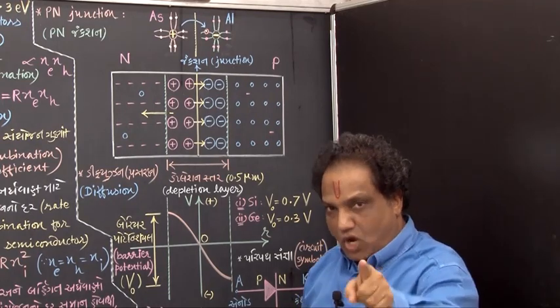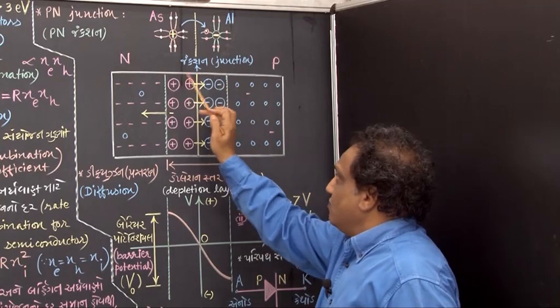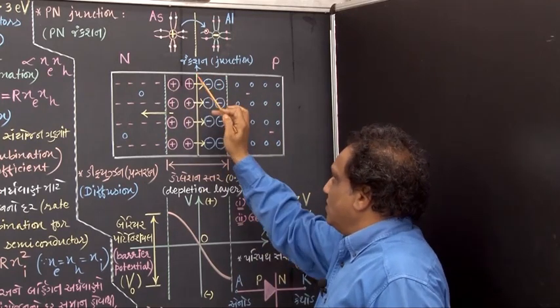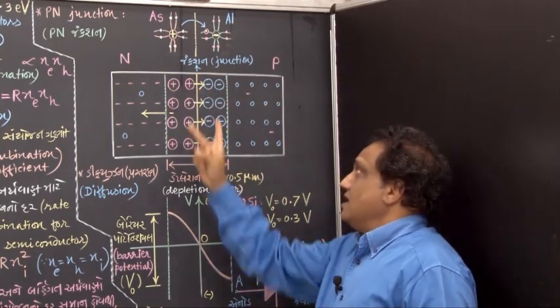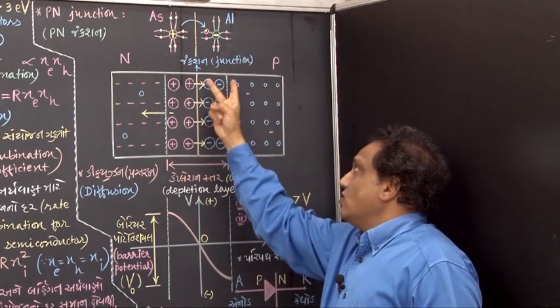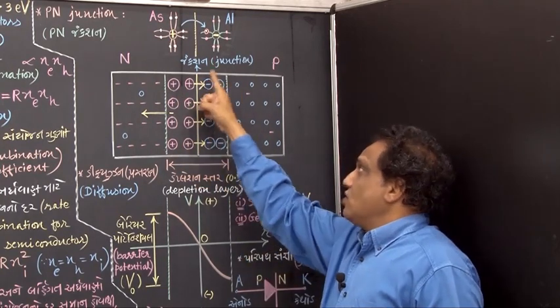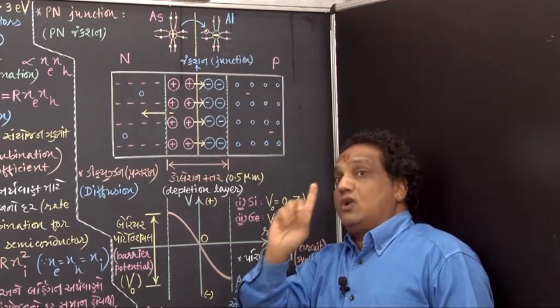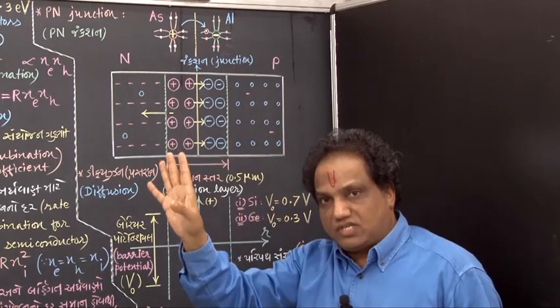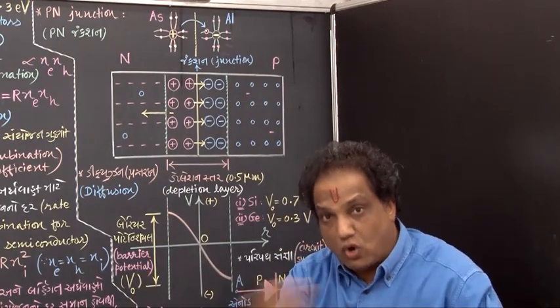When the diffusion process stops, at that time we have this narrow region around this junction in which here only positive ions are there, here only negative ions are there. In short, in this region there are no free charge carriers, no free electrons, no holes.